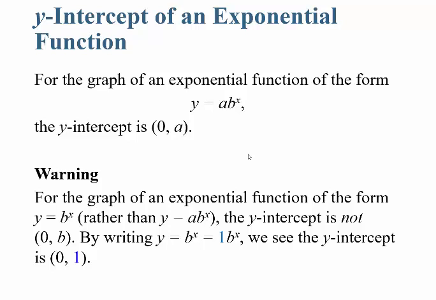For the graph of the exponential form y is equal to b to the x, rather than y is equal to a times b to the x, the y-intercept, this is important, is not (0, b). Okay, it's not. By writing y is equal to b to the x as 1 times b to the x, we see that the y-intercept is actually (0, 1). So if there's nothing in front of the b, the y-intercept is always going to be (0, 1). Always, always.